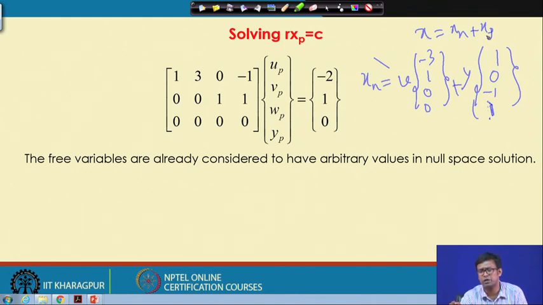So, in finding xp we can remove v and y, and I can remove the columns with which they are multiplied, because they are already there in null space. So, for the particular solution with v is equal to 0, y is equal to 0, these two columns are not multiplied, and this is a two equation two unknown system which can be solved. That is the idea.